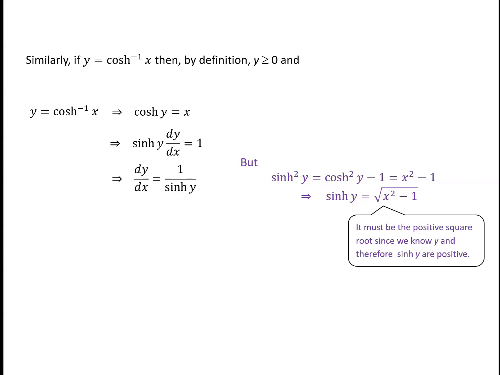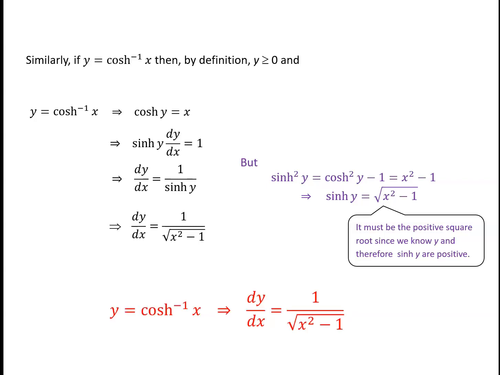So we've got dy by dx is equal to 1 over sinh y. In other words, it's 1 over the root of x squared minus 1. So if y equals cosh to the minus 1 of x, we've got dy by dx is 1 over root x squared minus 1.